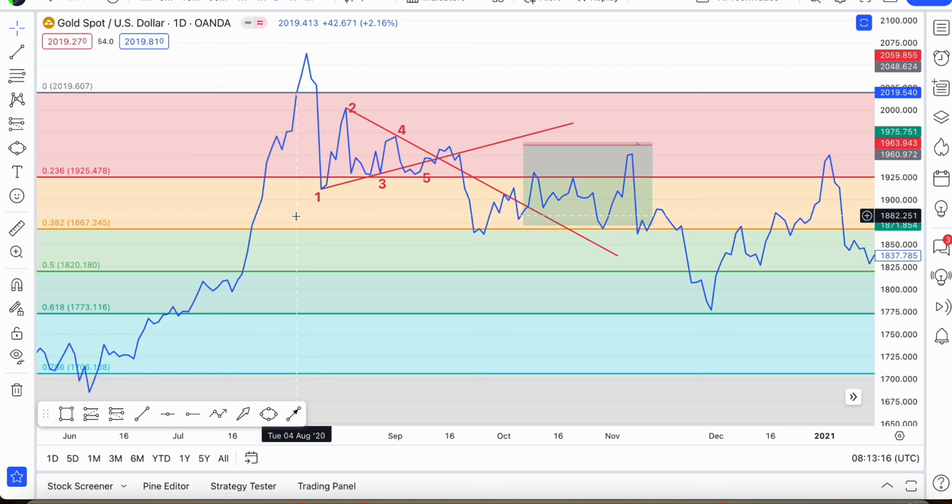I put the simpler one, which is the natural measurement, that after you're able to count 1, 2, 3, 4, 5 of this consolidation, ensure that 3 and 4 are within the layer of 1 and 2 inside. It doesn't matter if 5 breaks out of it. If 5 stays within it as well, it's okay. The next break, if it happens, is an indicator that a break is going to happen.